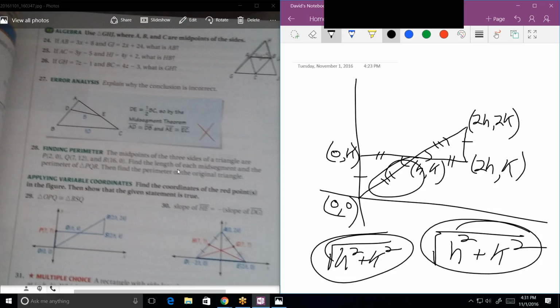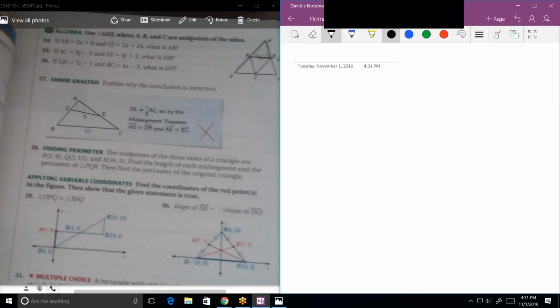I guess the reason that's wrong is, and this is kind of insignificant, I didn't realize this. Just because you have a line that is half the length of, in other words, if I make that 4 and make that 8, that does not make that a mid-segment.